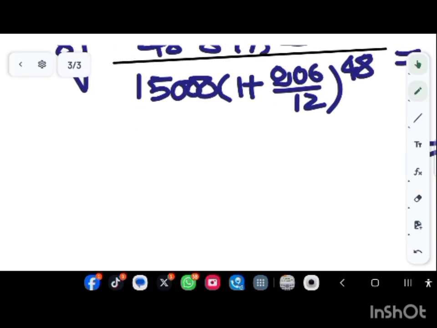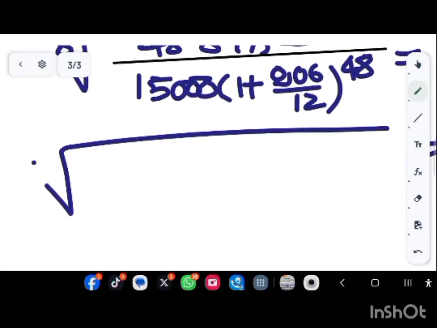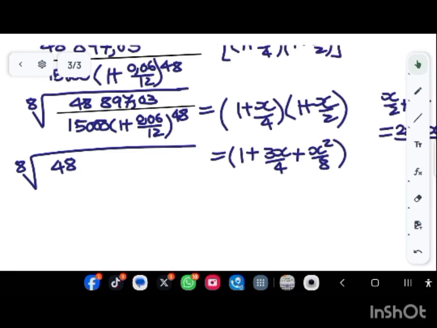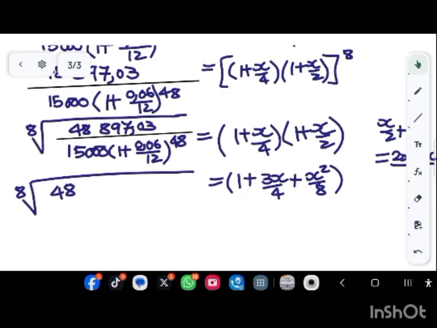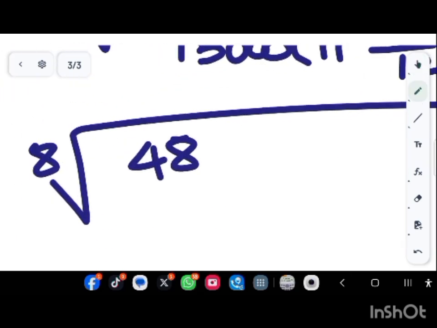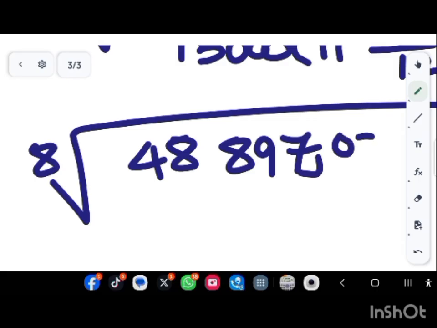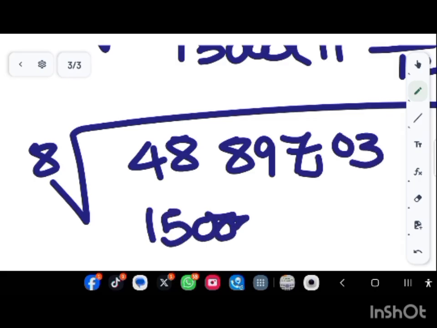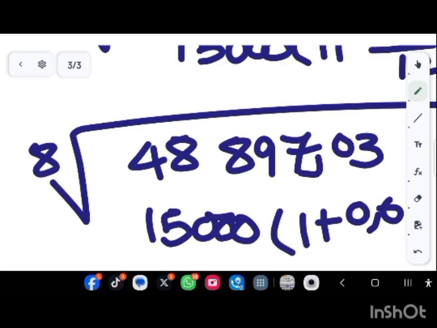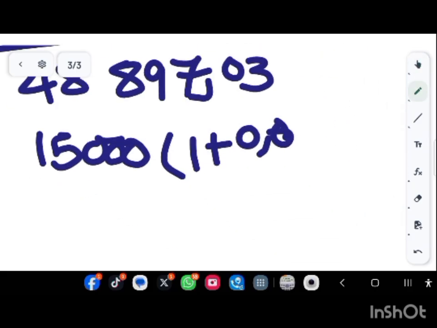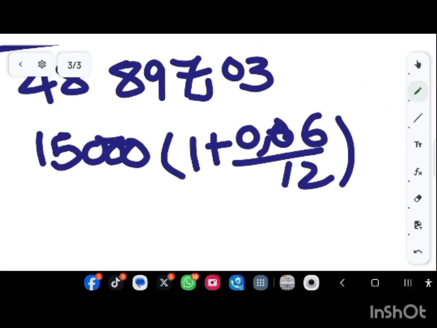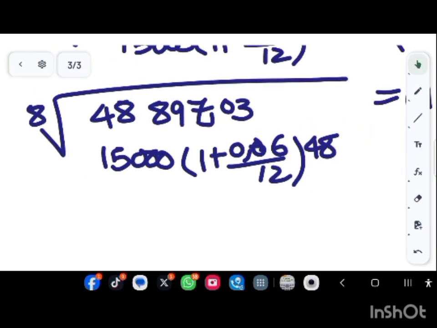So we go again. The 8th root of all of that. 48,897 rand 3 cents over 15,000, 1 plus 0,06 over 12 raised to the power of 48.